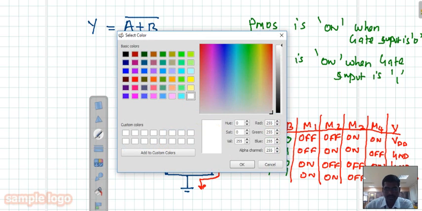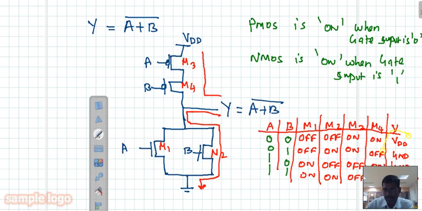This resembles the truth table of a two input NOR gate. VDD represents 1, ground represents 0. So 1 0 0 0.